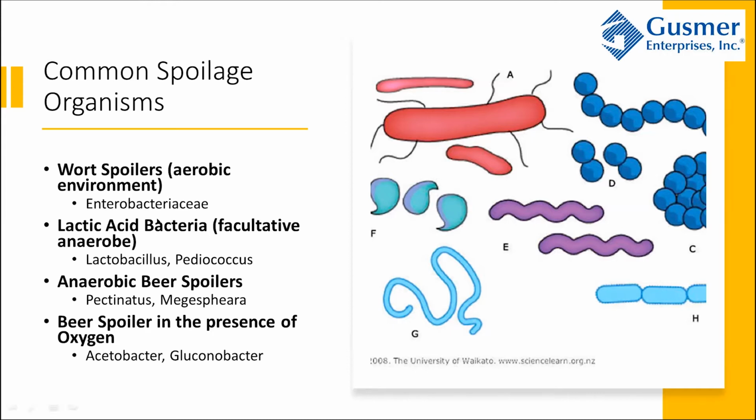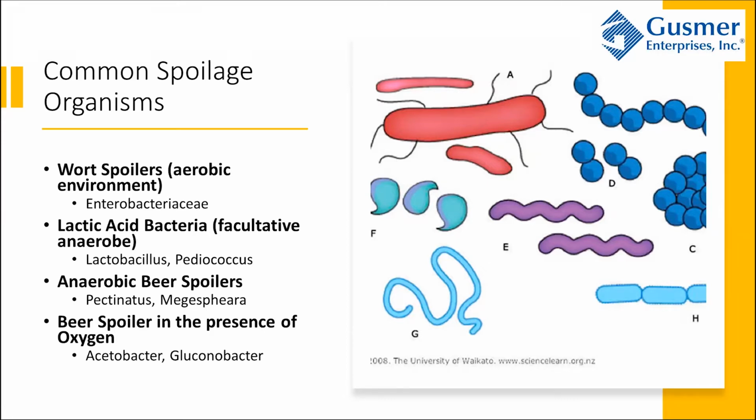Then we have lactic acid bacteria. These guys are facultative anaerobes, and basically that means when they do not have oxygen, they go into a fermentation mode of producing ATP. An example of a couple of those are Lactobacillus and Pediococcus.